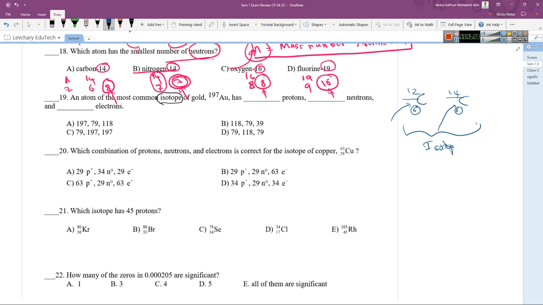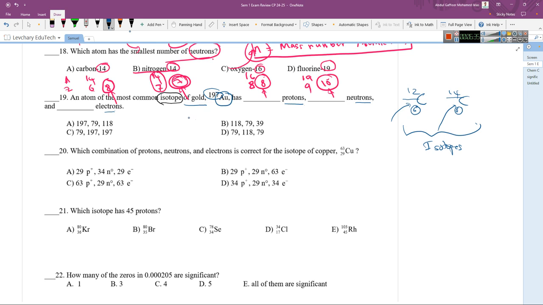Now here they are telling the isotopes of gold, right? So the chemical symbol of gold is Au, aurum. It has a number of protons, number of neutrons, number of electrons. Now, if you know the mass number, you should know the atomic number also in order to find the number of electrons, protons, and neutrons.